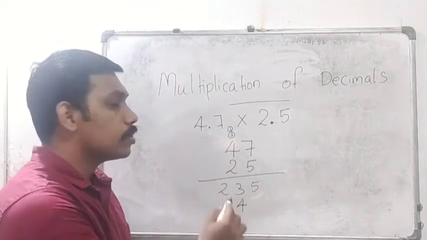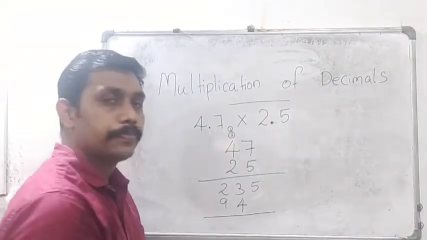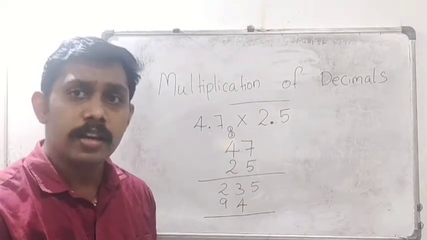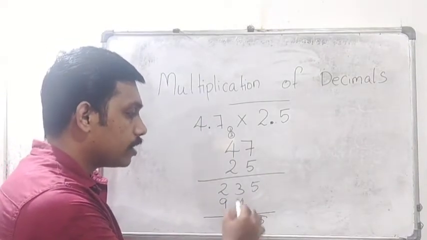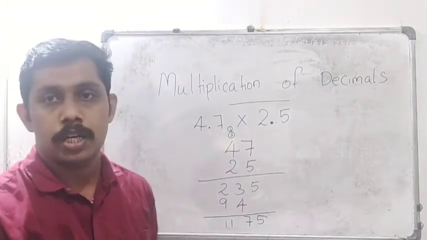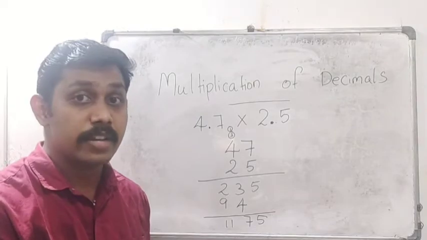Now 4 2s are 8. 8 plus 1 is 9. Now we need to add. You know how to multiply the given numbers, isn't it? So add: 5. 4 plus 3 is 7. 9 plus 2 is 11. Okay. So here we have 1175.